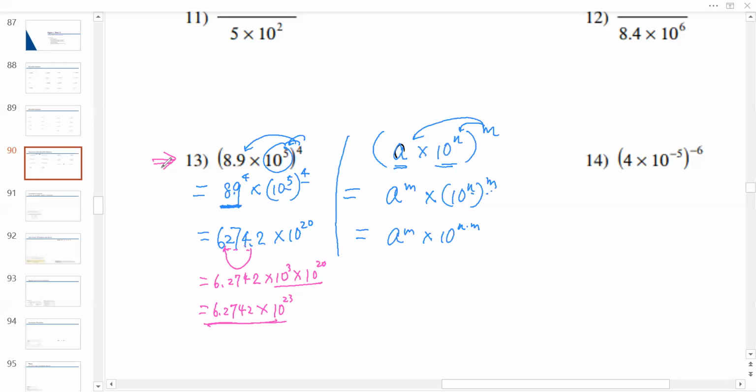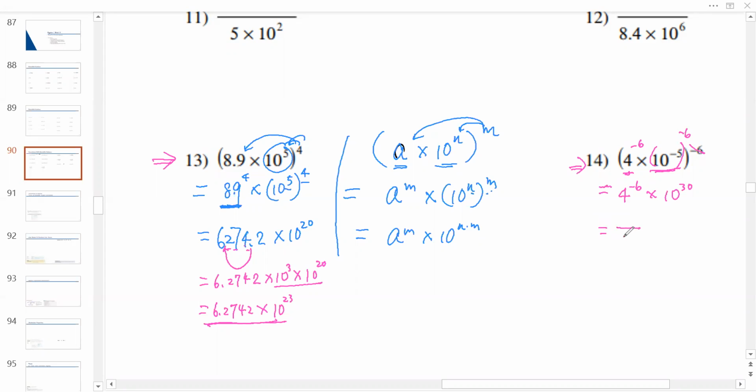Let's see this part. It's the same: each of these factors is to the power -6 first. So it becomes 4 to the power -6 times 10 to the power -5 times -6, so you get 30.